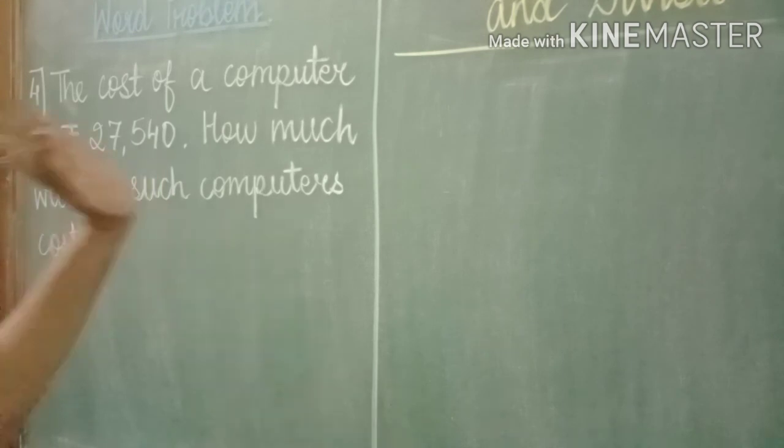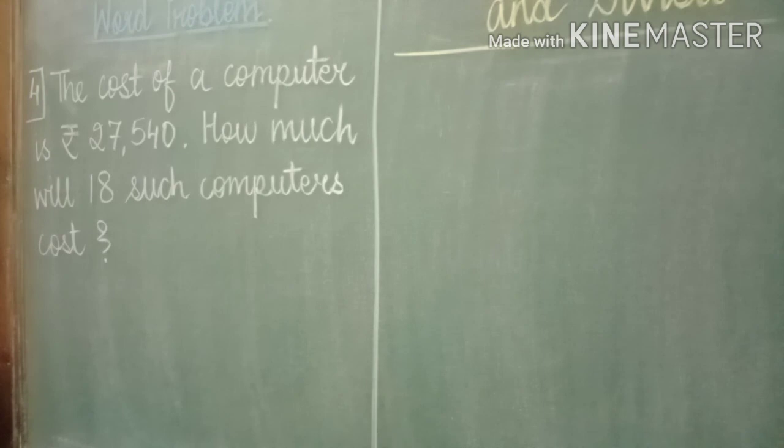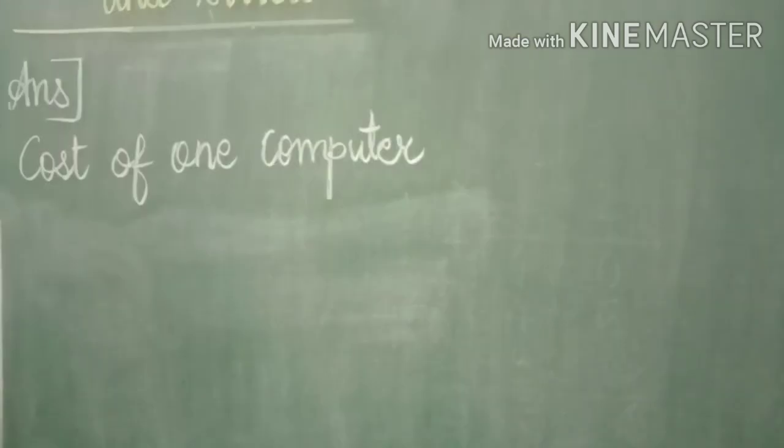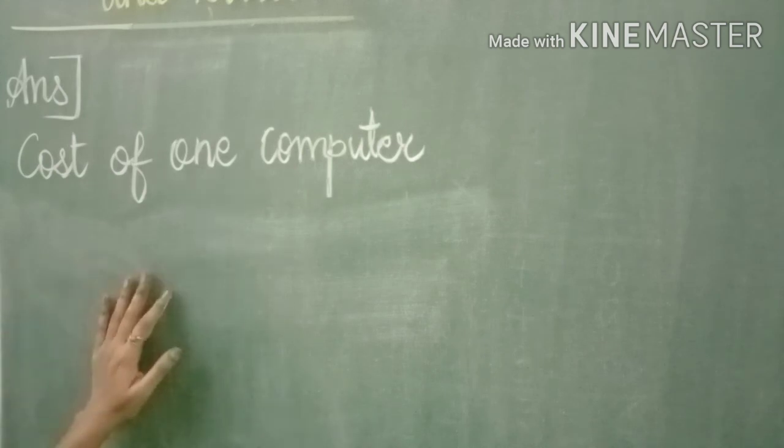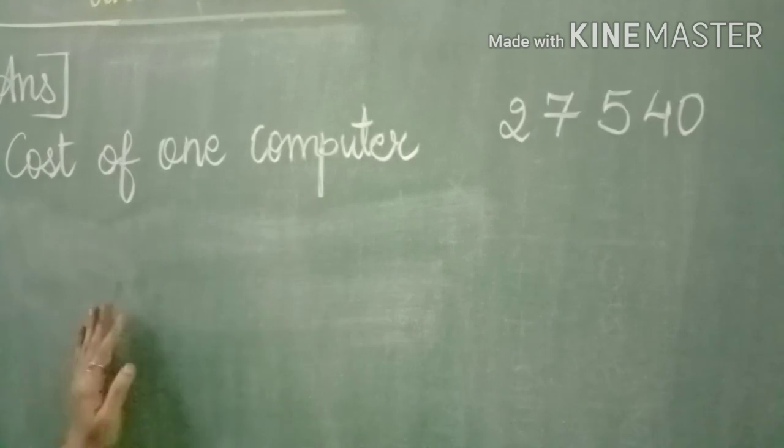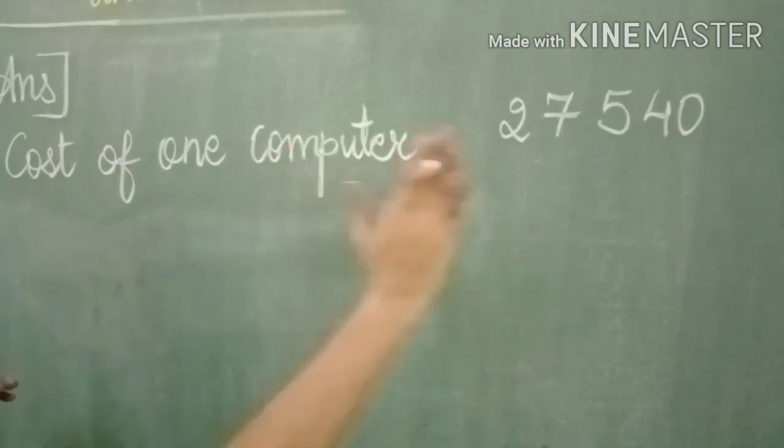Okay students, now let's start with the word problem solution. So students, we are going to find out the cost of 18 computers. Therefore, how many times do we have to multiply? We have to multiply by 18, right? The cost of one computer is 27,540. So we have written the cost of one computer is 27,540.